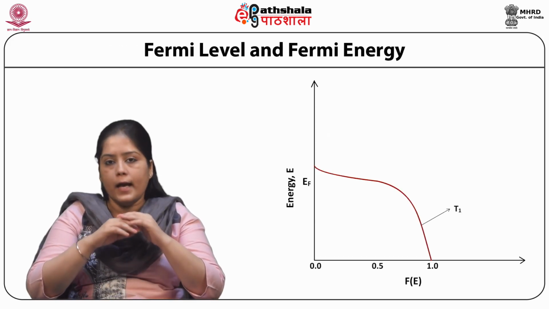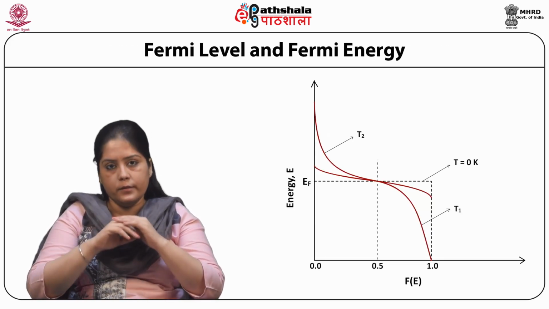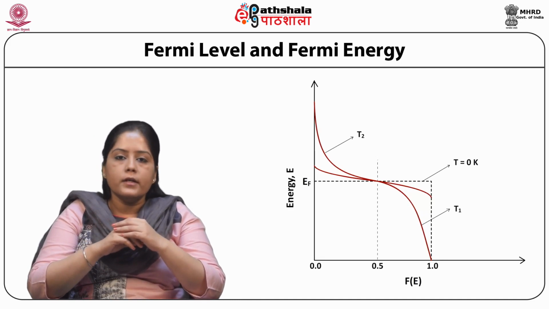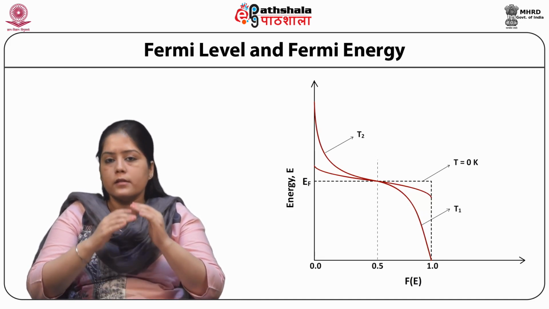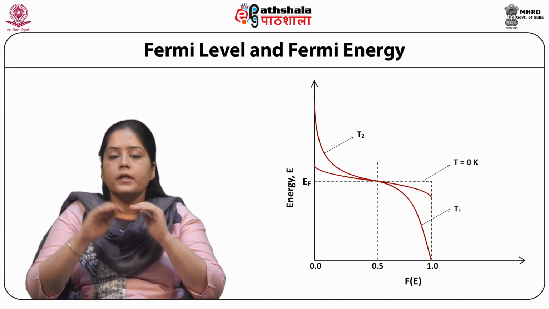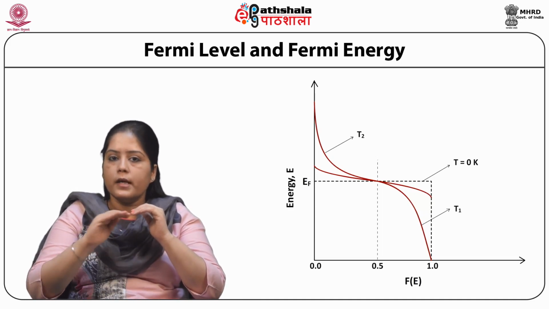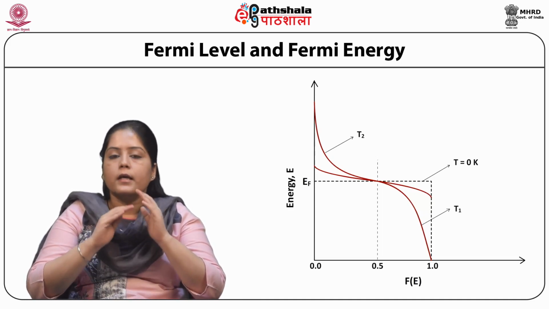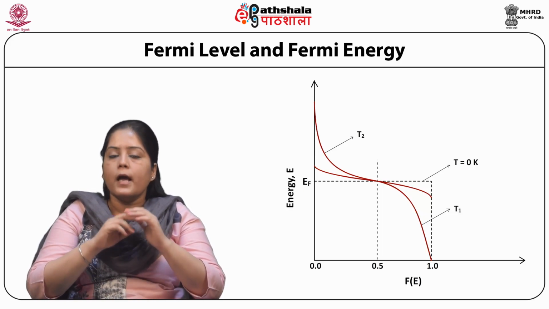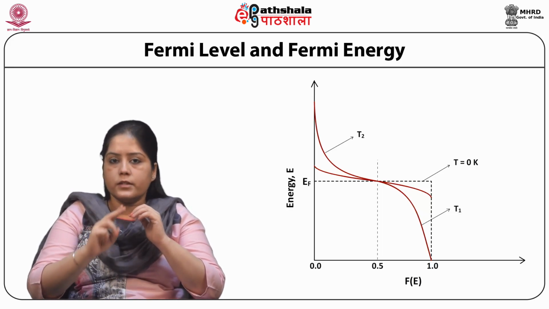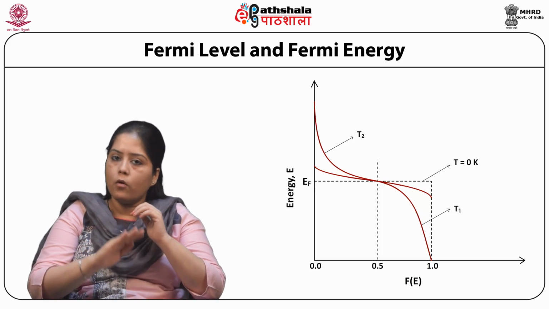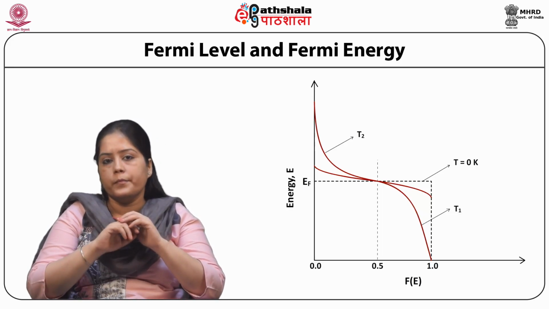Fermi level and Fermi energy. According to the Pauli's exclusion principle, each allowed energy level can accommodate at most two electrons of opposite spin.